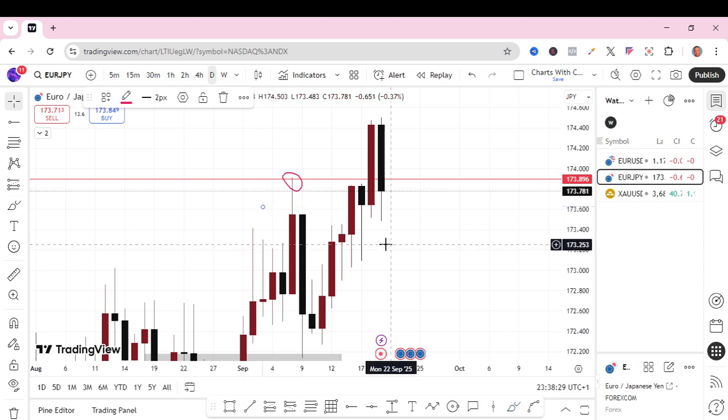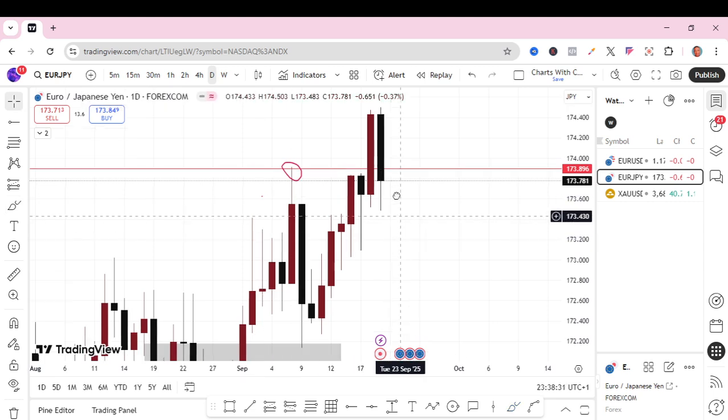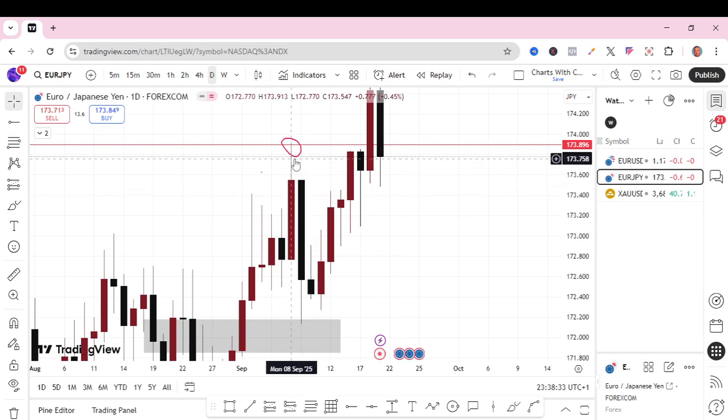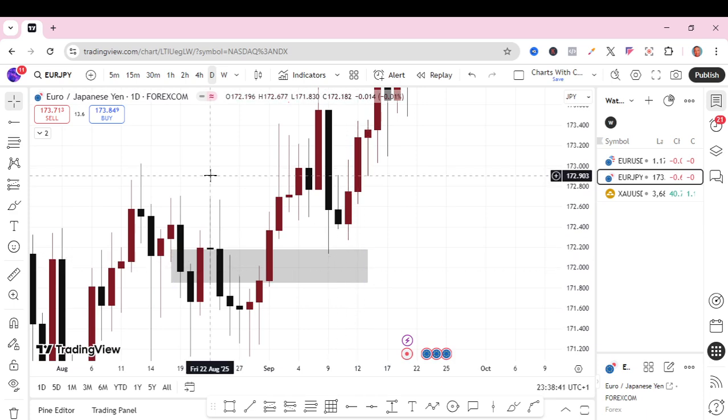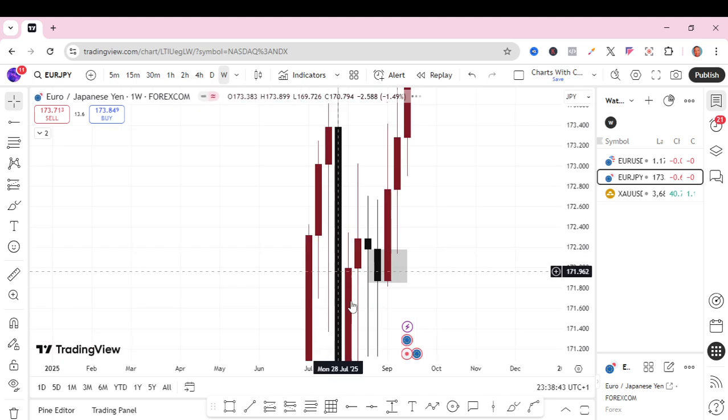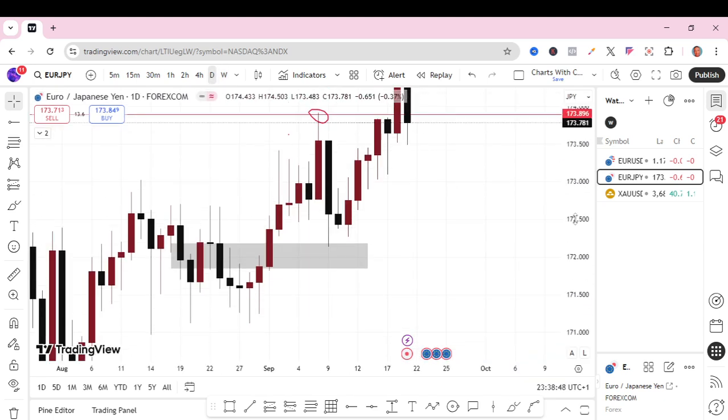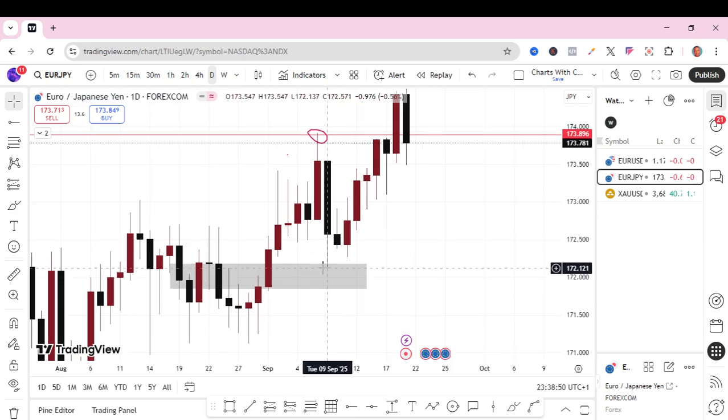So after that sweep, you notice the market moved down and tapped on the body of the weekly candle, like we highlighted here. And also you notice that this did not break structure.